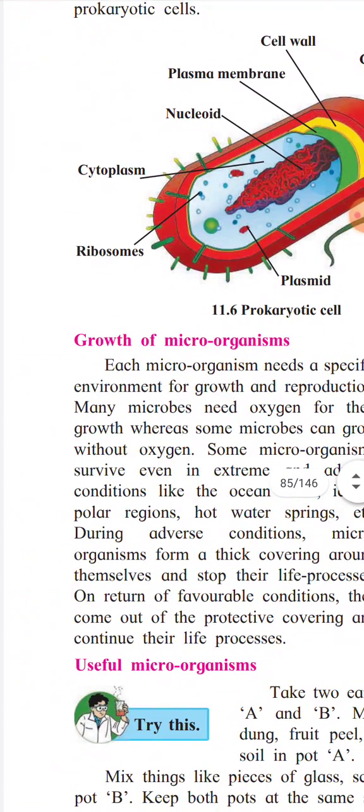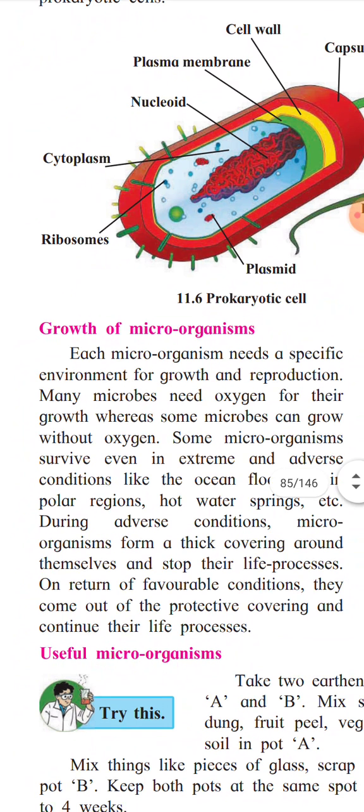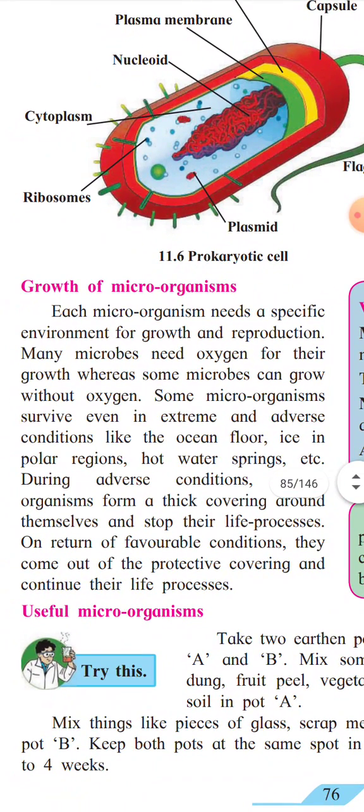Now, growth of microorganisms. Each microorganism needs a specific environment for its growth and reproduction. Many microbes need oxygen for their growth, whereas some microbes can grow without oxygen. Some microorganisms survive even in extreme and adverse conditions like the ocean floor, ice in polar regions, and hot water springs.